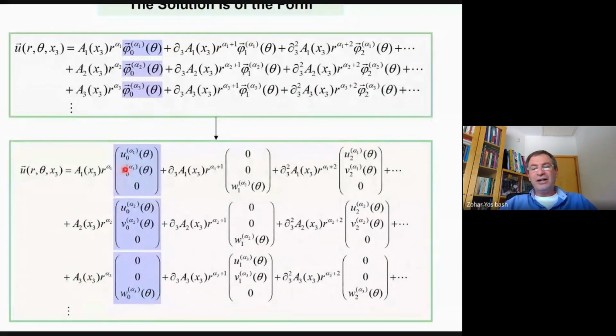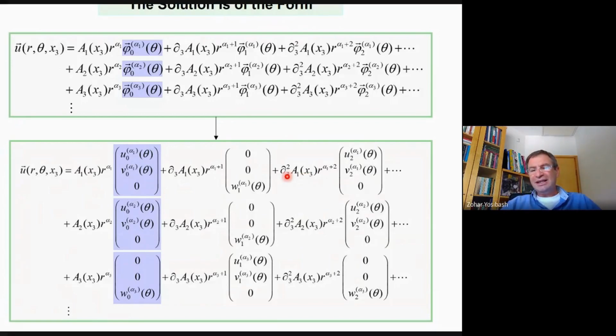But for each one of these, we have an infinite number of shadows. The first shadow is associated with the derivative of the stress intensity function. The second shadow is associated with the second derivative of the edge stress intensity factor.